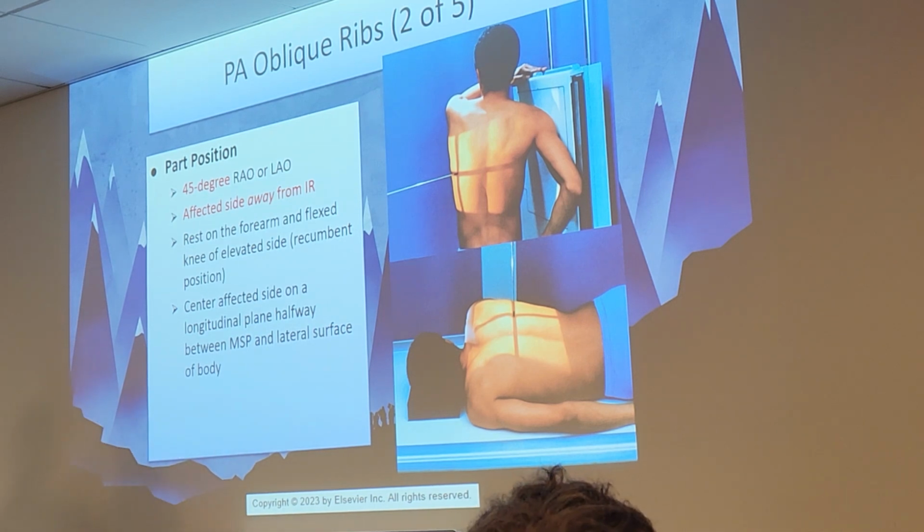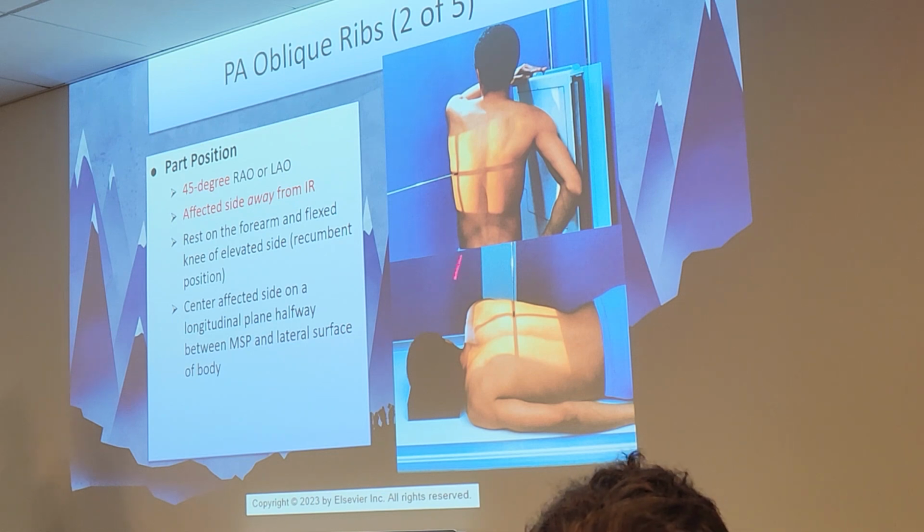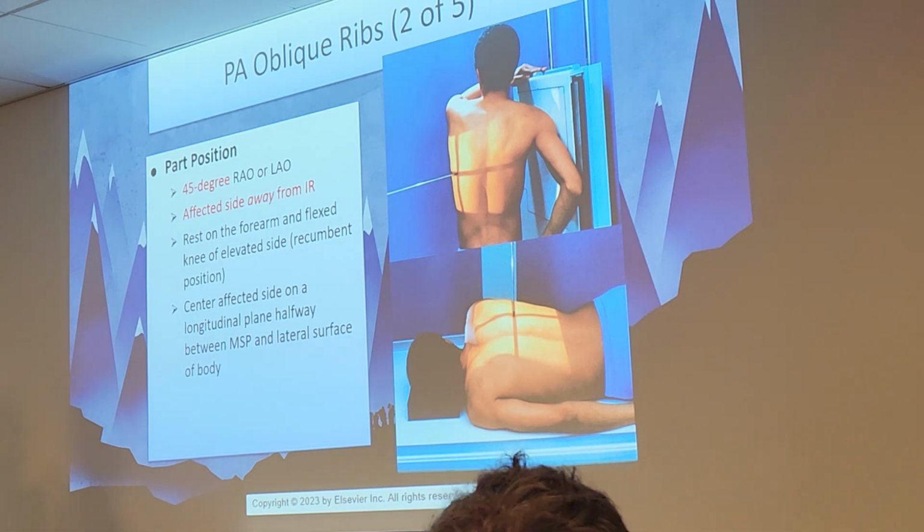Now think about it as well, because arm positioning is also important. Remember when I said on the other two obliques, the side that you're focused on is the arm you want to raise, correct? So for an REO, because we're looking at the left side, we're going to raise the left arm, like we see in the picture here. For an LEO, because we're focused on the right side, we raise the right arm. Whatever arm you raise, the opposite one's going to be on the hip.